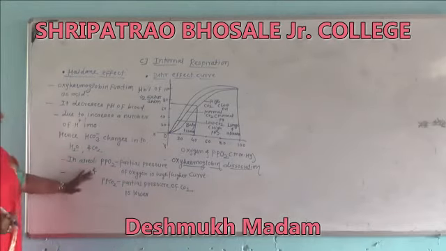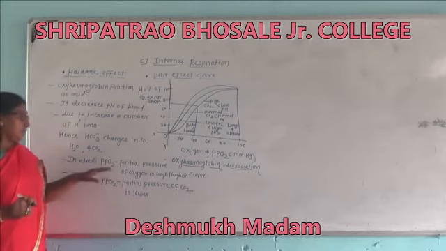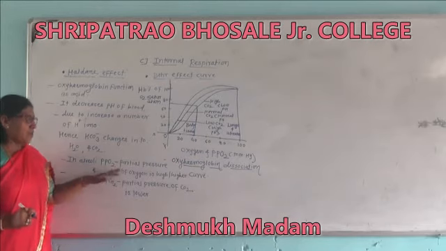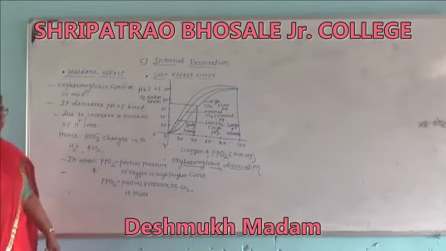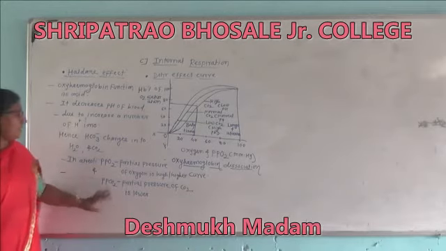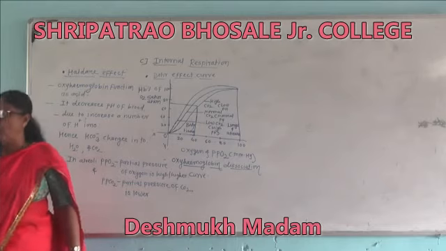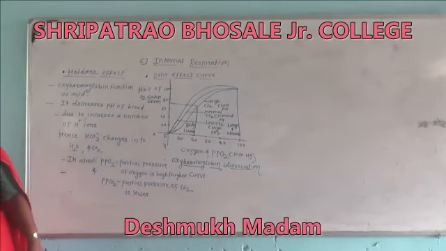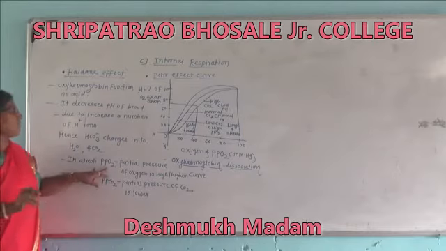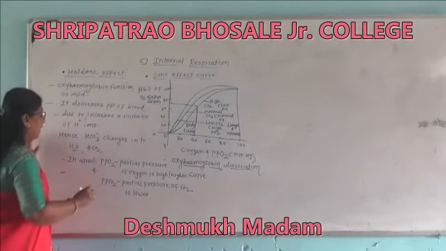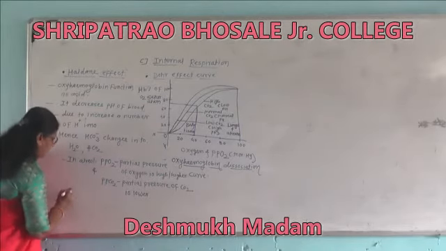In alveoli, the oxygen partial pressure is high and the partial pressure of CO2 is low. Hence, the oxygen combines with the hemoglobin.